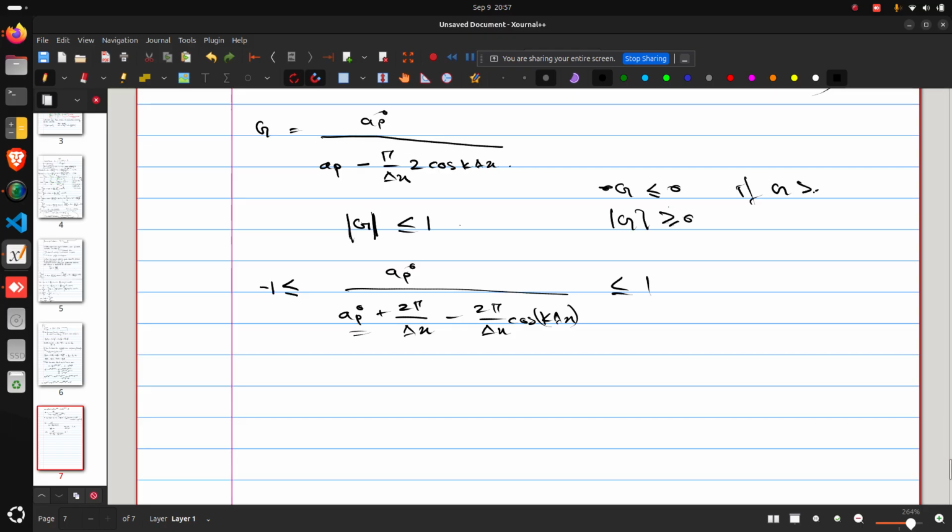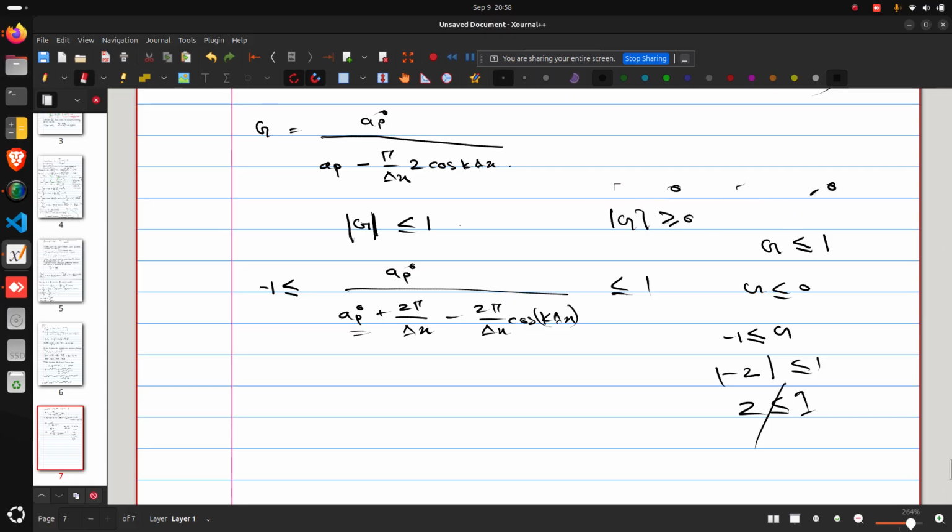If G is greater than 0, we will only have the condition G less than or equal to 1. But if G is less than 0, we will have the condition that it should be greater than or equal to minus 1, because if it is less than minus 1, for example minus 2, the modulus of 2 is 2, which does not satisfy this inequality.